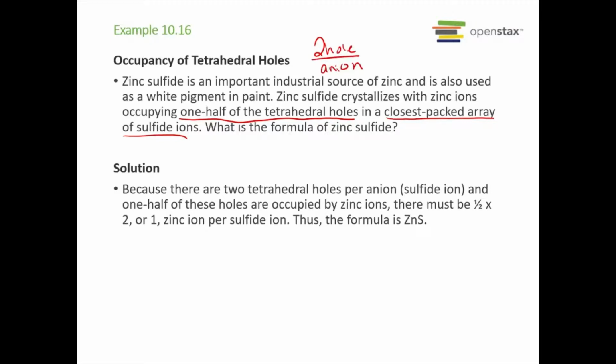And we're told that 1/2 of them are occupied. So we get 1/2 of 2, meaning 1 zinc ion per sulfide ion. So the formula is ZnS, zinc 1, sulfur 1.